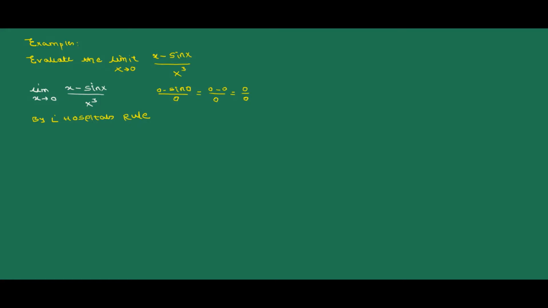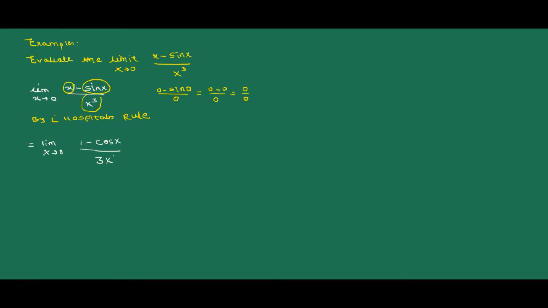By L'Hospital's rule, that is equal to limit x tends to 0 as it is. What is the differentiation of the numerator? Differentiation of x is 1, minus the differentiation of sin x, which is cos x, divided by the differentiation of x cube, which is 3x square.